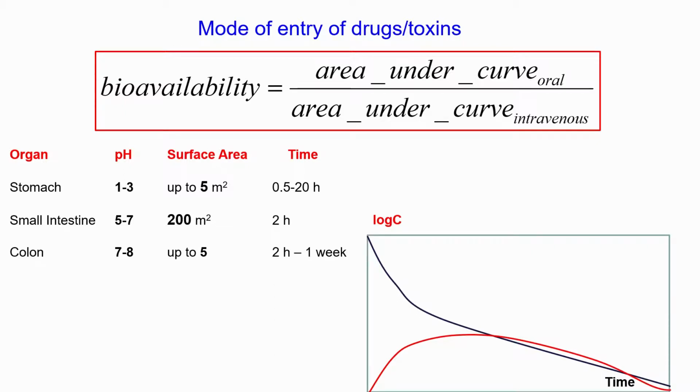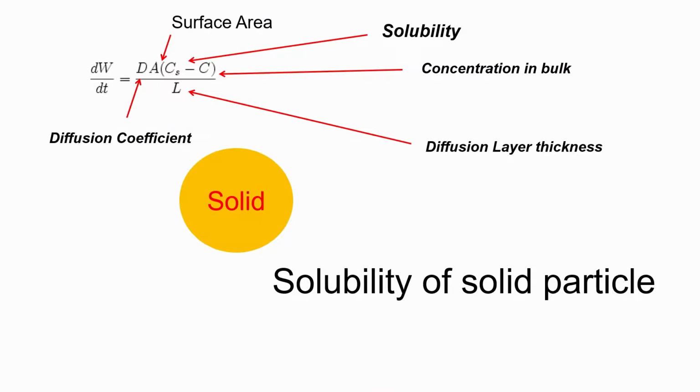So what we want to have reasonable bioavailability, so your drug is coming into bloodstream, it should come from stomach or intestine or colon into plasma. For that it needs to be dissolved. When you take your drug as a solid form, you need to bring it into aqueous solution.